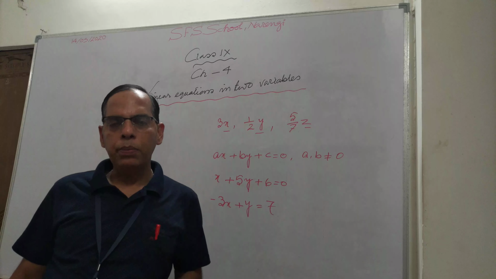Suppose 5x equal to 10, then we get x equal to 2. So in this equation the value of x is unique. But in this equation or this equation, the values of x and y are infinite. Why infinite? Because you consider the value of one variable and you will get the other.